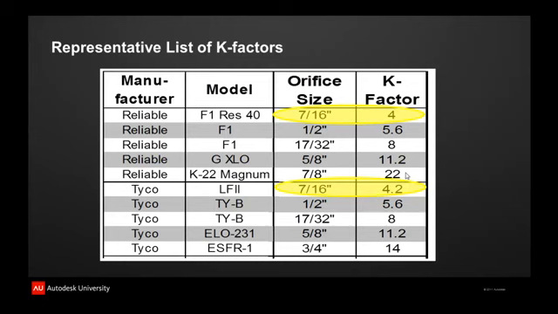So the key characteristic of the sprinkler head is that orifice size. You'll see here that for 2 different manufacturers, a 7/16 orifice is roughly a 4.0 K factor, a 1/2 inch orifice is about a 5.6, 17/32 is 8, 5/8 is 11.2, and for the most part, the orifice size determines the K factor.